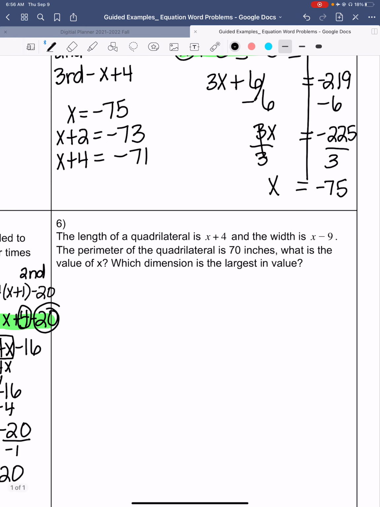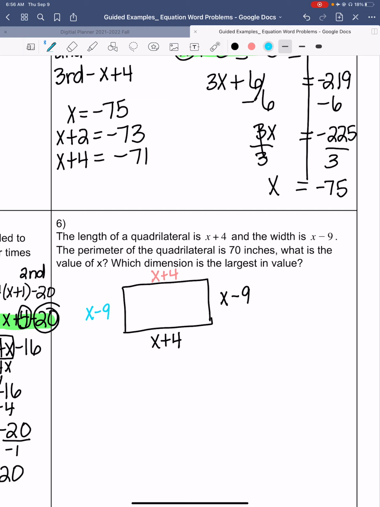The length of a quadrilateral is x plus 4 and the width is x minus 9. And they give you the perimeter. A quadrilateral is a 4-sided figure. If you remember the properties of a quadrilateral, this is also going to be x plus 4 and this is going to be x minus 9.